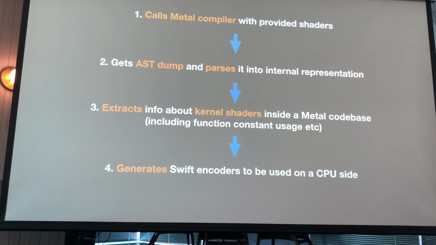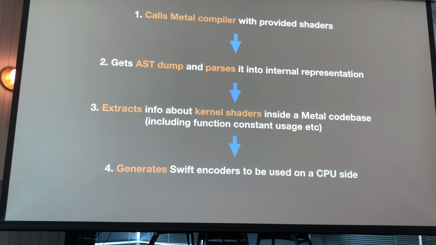And then I wrote very simple Swift generation code that generates all the encoders for each shader, with additional stuff. Moreover, I was able to not only analyze the arguments of the shader, but also to see inside the tree whether or not the shader uses, for example, function constants.